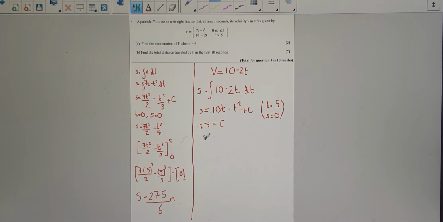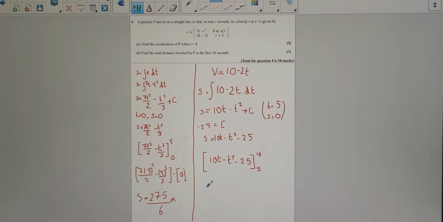So my expression for the displacement is 10t minus t squared minus 25. I want it up until 10 seconds, and this is my already integrated expression to get me the displacement. For this bit, I'm looking at it between t equals 10 and t equals 5.